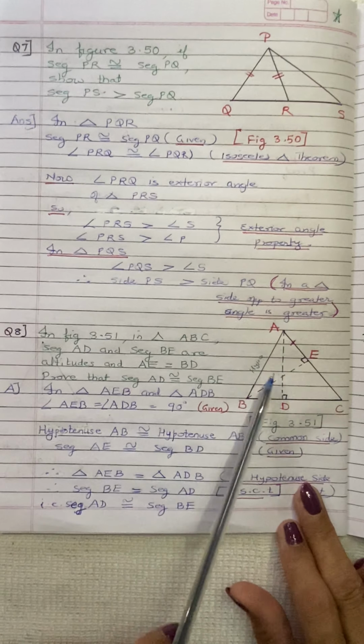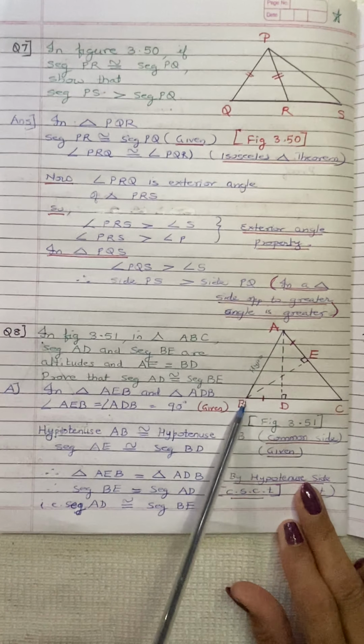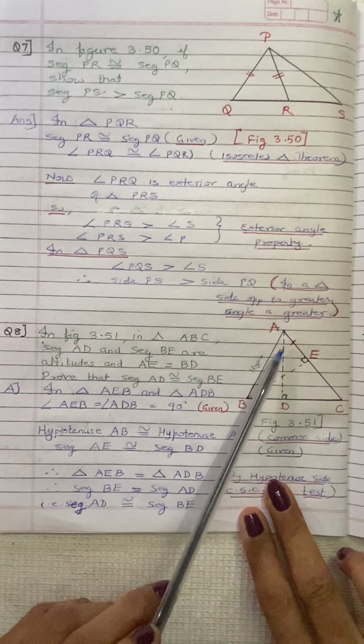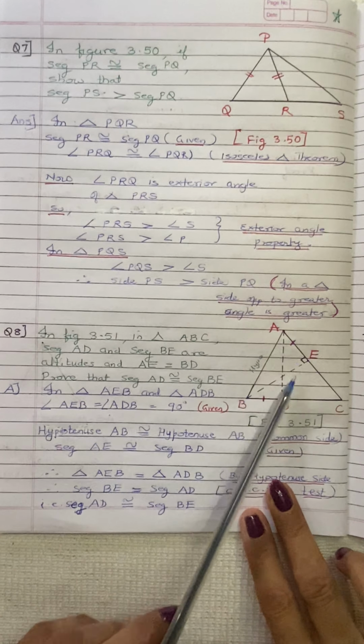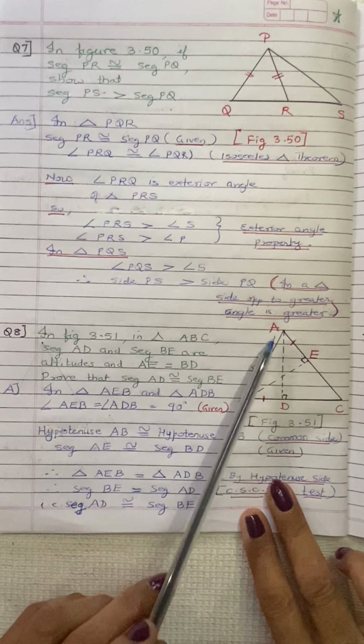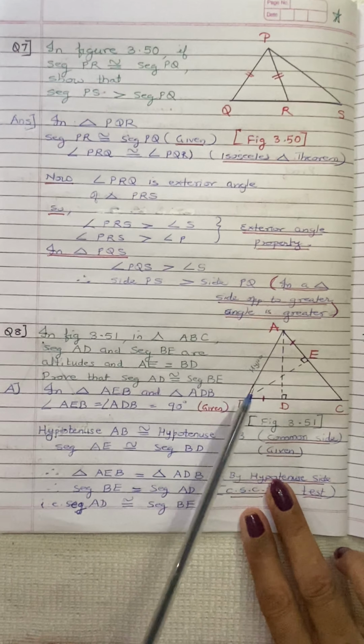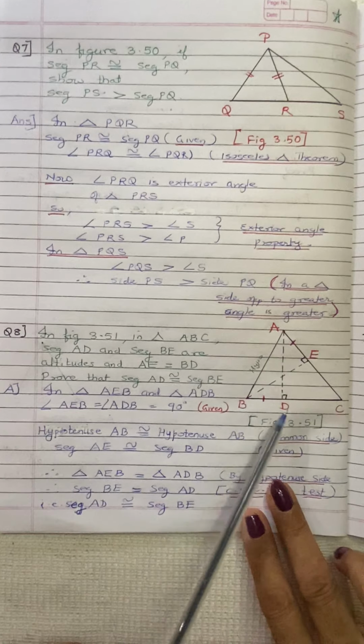So both the triangles have common hypotenuse and one side congruent, given. This hypotenuse AB is common to both the triangles, and AE is equal to BD.